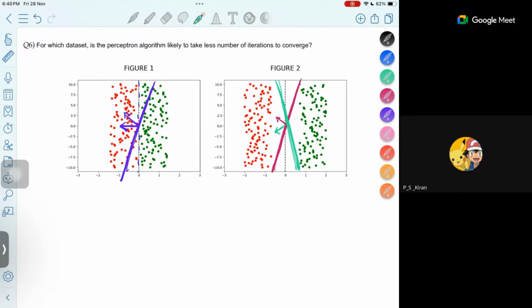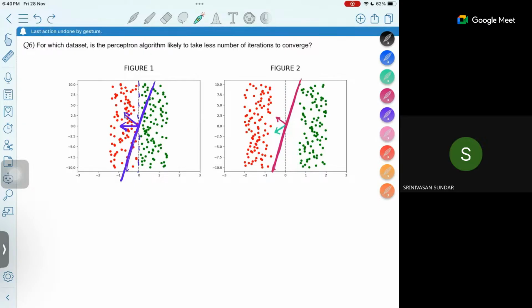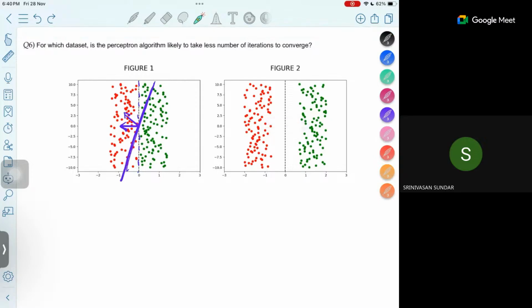Okay, so in this question, of course, the gamma is very clearly much higher in this data set. Gamma is basically the distance to the closest point, and in this case gamma seems to be much higher. First of all, the simple way is to understand it intuitively, like I told.